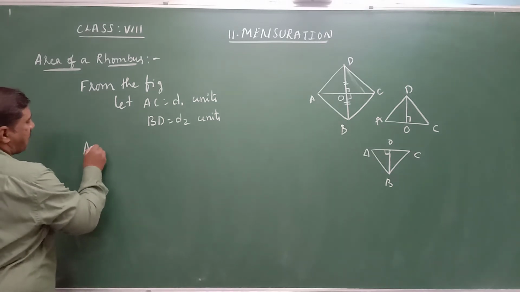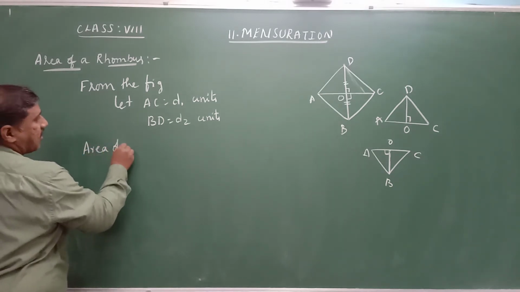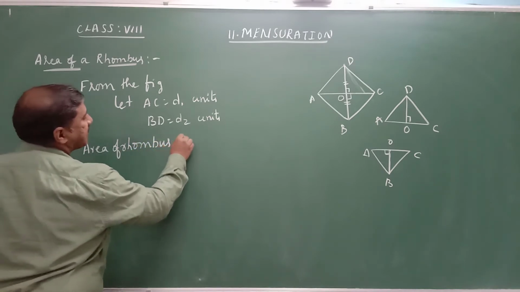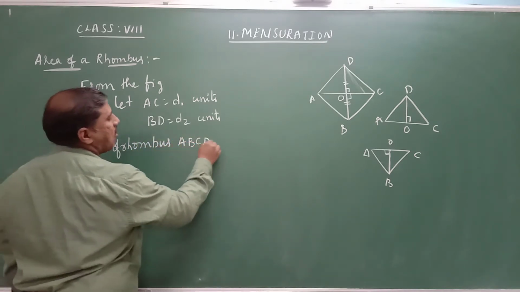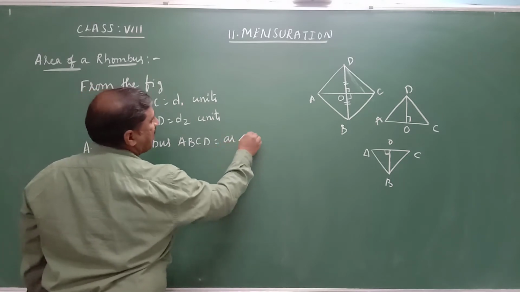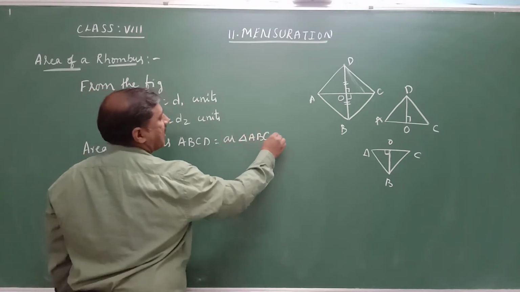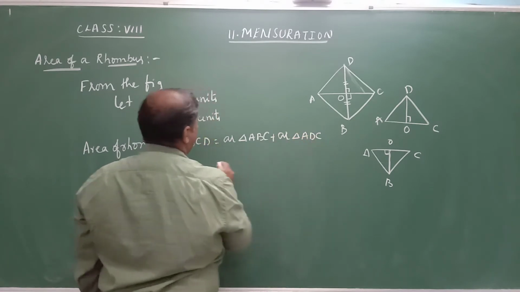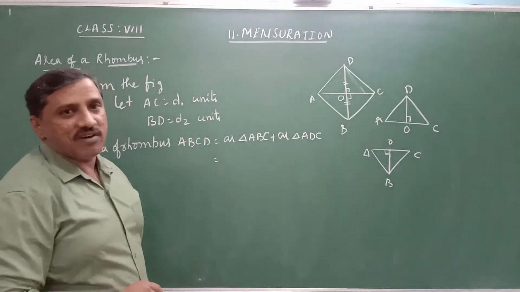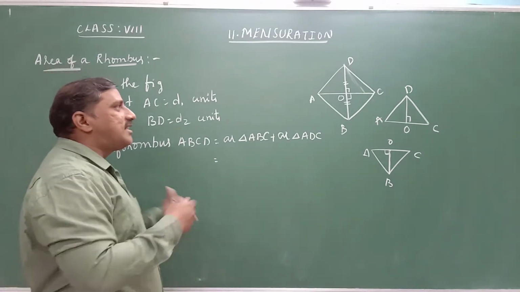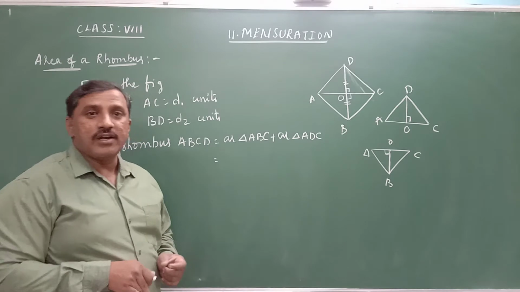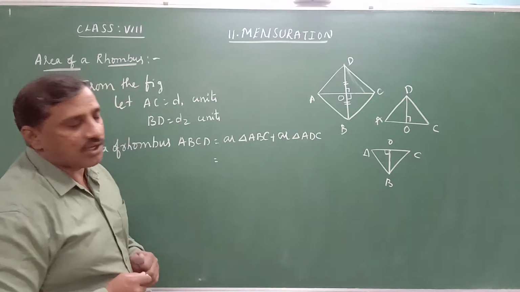Now area of rhombus ABCD is equal to area of triangle ABC plus area of triangle ADC. What is the formula to find the area of a triangle? Yes, it is half into base into height square units.